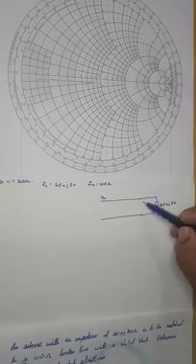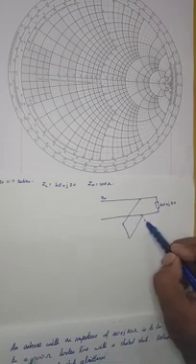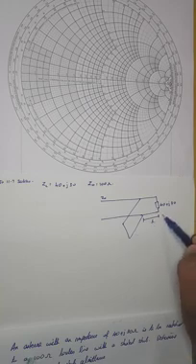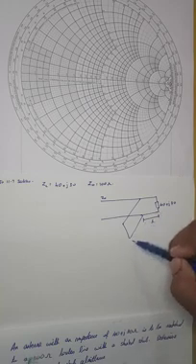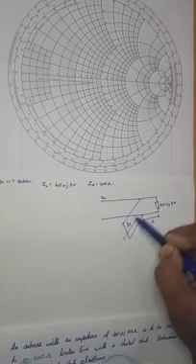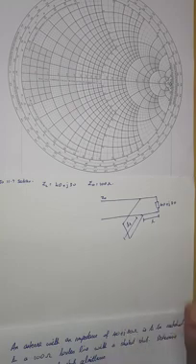We may have somewhere in between here a stub of which we are supposed to compute the length between the load and the stub, the length of the stub, and of course the impedance required or the admittance required in this stub.